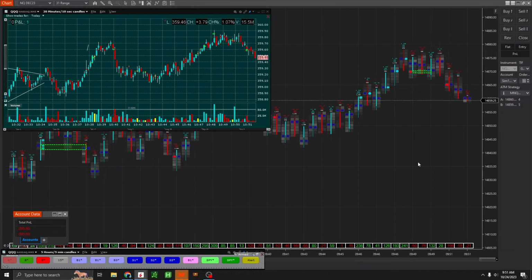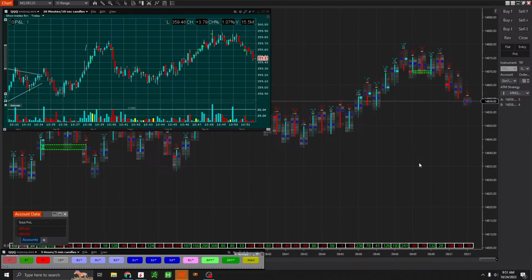ES looks like it wants to break out again. Dollar is, oh my god, pulling back a little bit. Keep an eye on the delta on this breakout for ES, because right now the delta is a little weak.